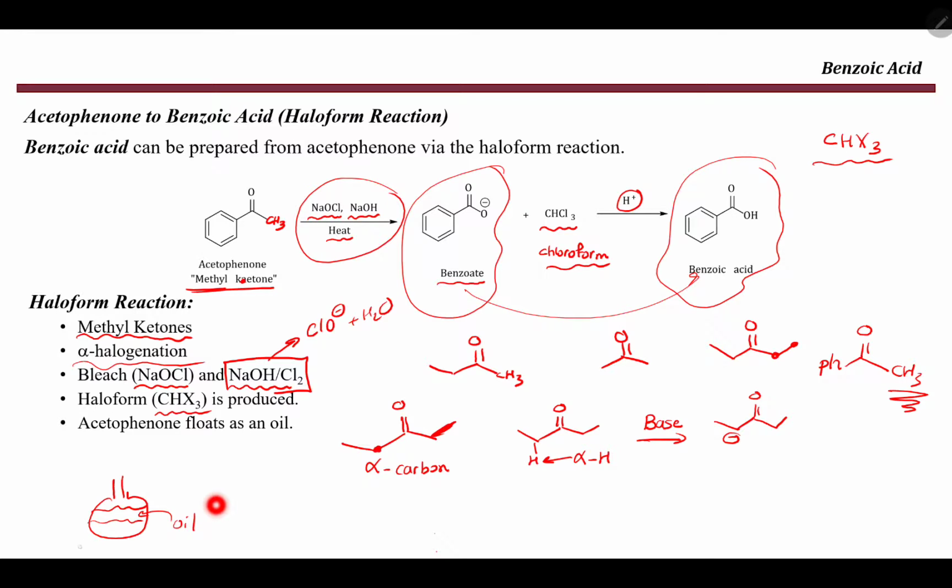This is acetophenone, and the bottom layer will contain the bleach and the NaOH. As the reaction goes on, the oily layer keeps decreasing, and at some point it should completely disappear, and this indicates that the reaction is complete.